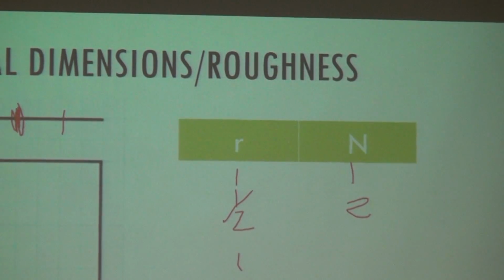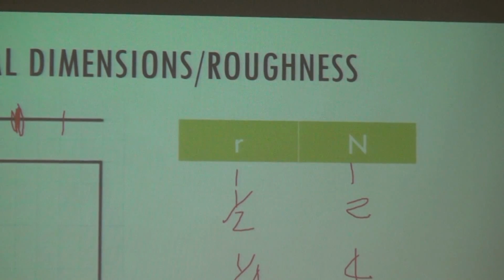Okay? 1/4. And then how many lines do you observe? 4. So if I follow this order, you agree? If I find the reciprocal of R, it will actually be equivalent to N. Agree? Okay. I'll erase it. Remember that 1 over R raised to 1 is equivalent to N.